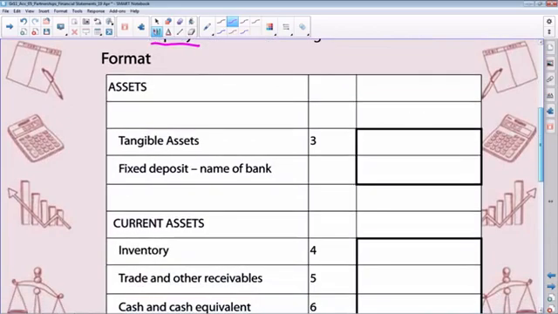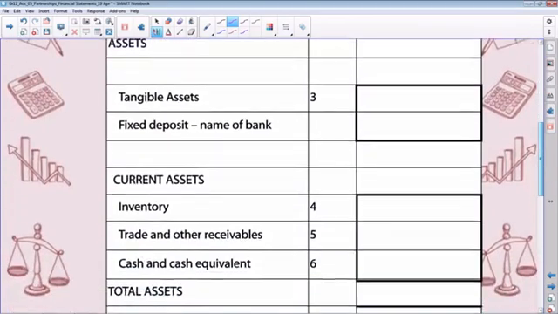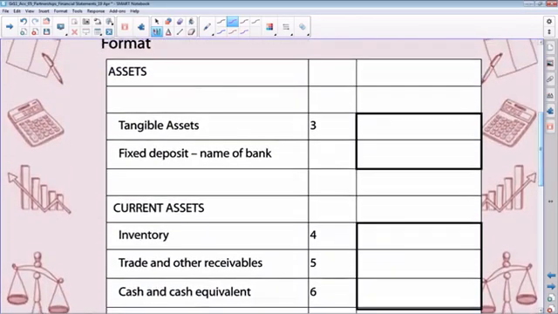Okay, so in your format, guys, remember you've got your assets, and as you can see, assets remain exactly the same. You've got your non-current assets. Let's just fill that in. Non-current assets, as well as your current assets.